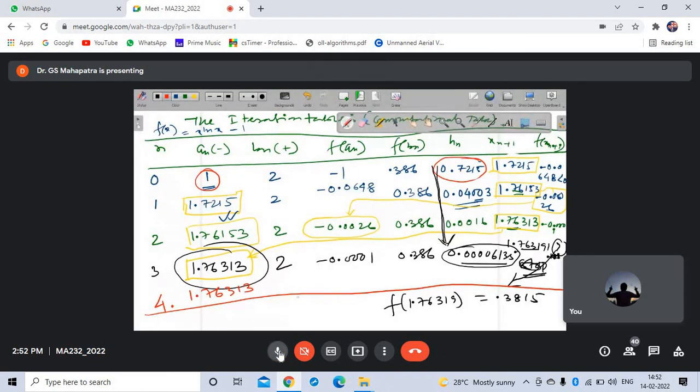1.76313. Fine. And this one should be replaced, 2 should be replaced by 76. Fine, good. And this one will be same, correct now? What about this one? 0.3815. Fine. Now rest part. Yeah, that means you are correct. That means in that case, since it is positive, you have to replace the positive one only.